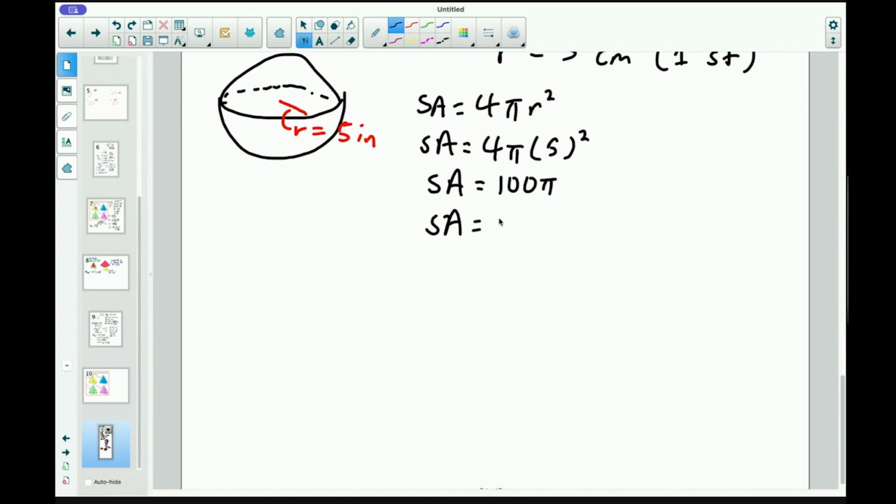So 100 pi gives us 314.159, we'll say 0.1 inches squared, and this is to 1 decimal place. You guys can tell that I like going to 1 decimal place by default. Again, just make sure you're rounding according to what the question has asked you to do.